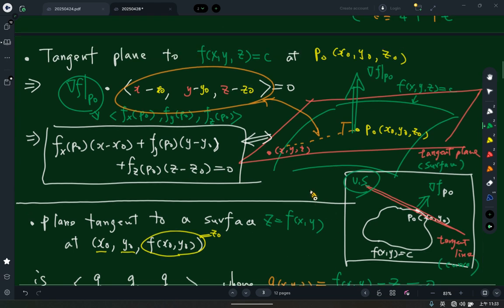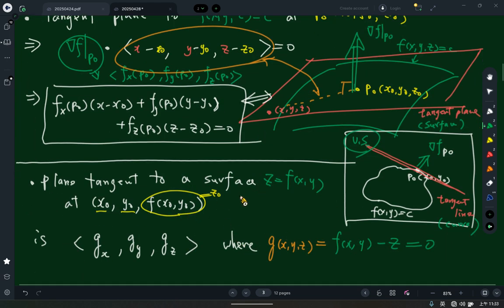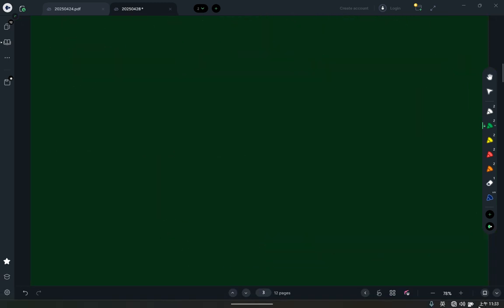So actually, we just converted from z is equal to f of x, y to f of x, y minus z is equal to 0.